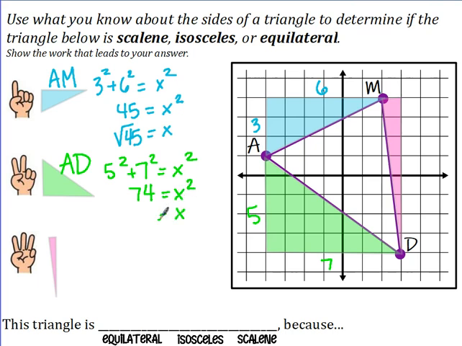So x is the root of 74, which is approximately 8.6. So line AD is around 8.6. I should have written here that line AM is around 6.7. Well, it's definitely not equilateral.